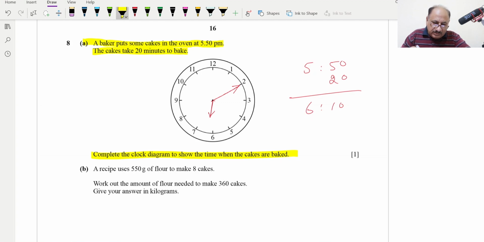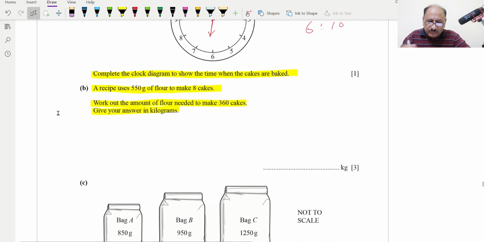And B part, they are saying that a recipe uses 550 grams of flour to make 8 cakes. Work out the amount of flour needed to make 360 cakes. Give your answer in kilograms. So what we will do, 550 grams is used for 8 cakes.